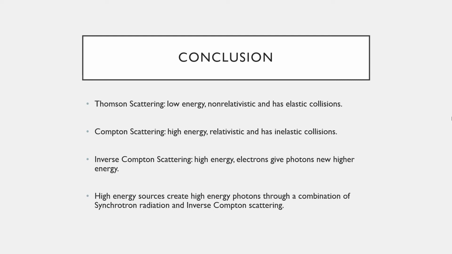If we have an electron that has a sufficient amount of kinetic energy, inverse Compton scattering allows for the incident photon to obtain a higher energy after it collides with the given electron. High energy photons can be created by a combination of synchrotron radiation and inverse Compton scattering.